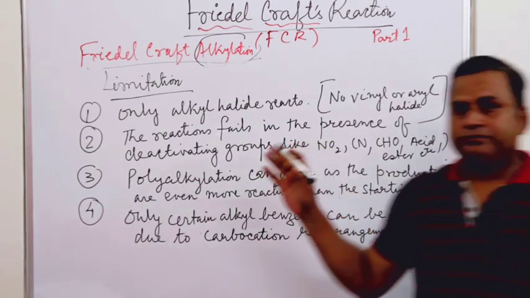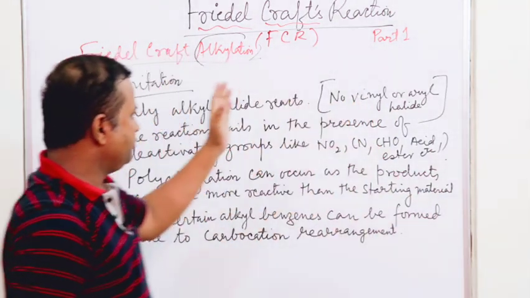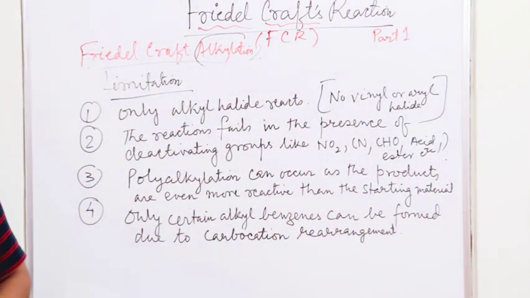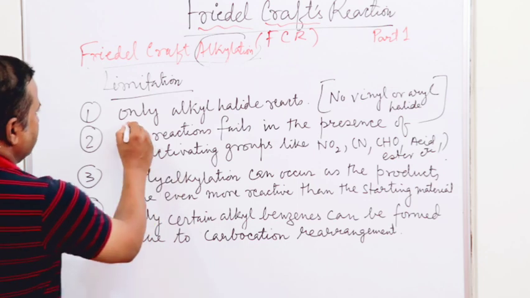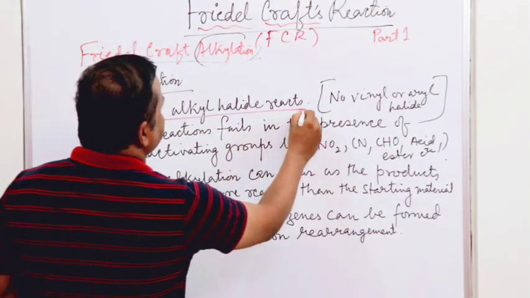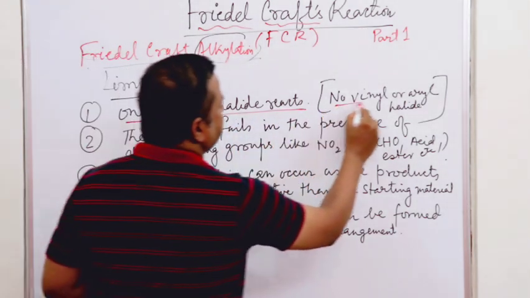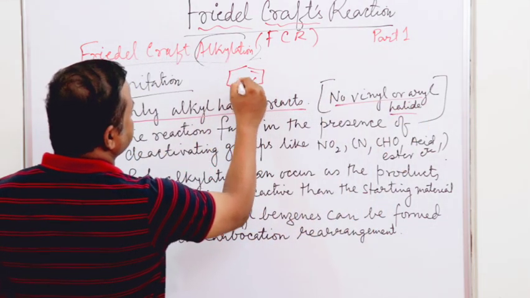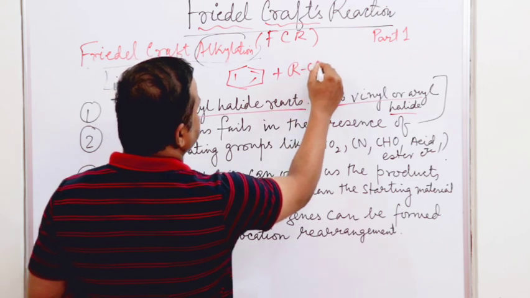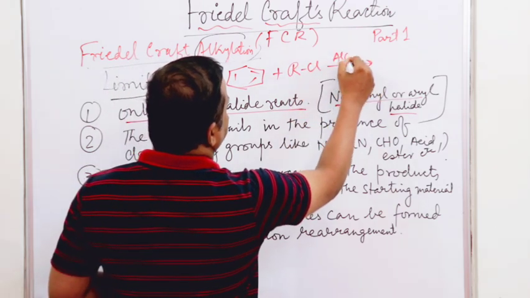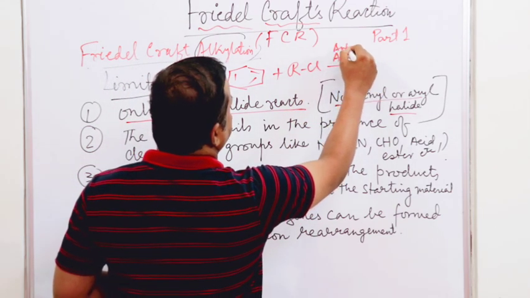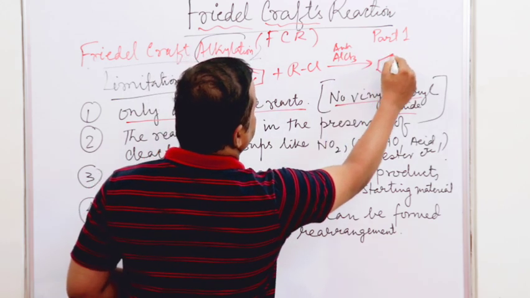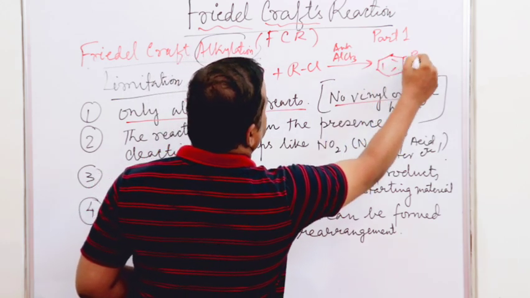So just now I have discussed the limitations, and this is the gist of the limitations which I have discussed before. So only alkyl halide reacts, no vinyl or aryl halide. You please remember this reaction: we always have to take RCl, AlCl3 in anhydrous condition, and this will introduce the R group here.